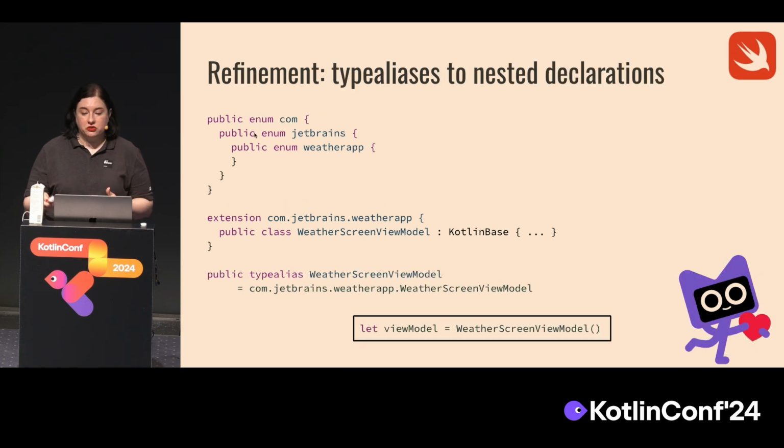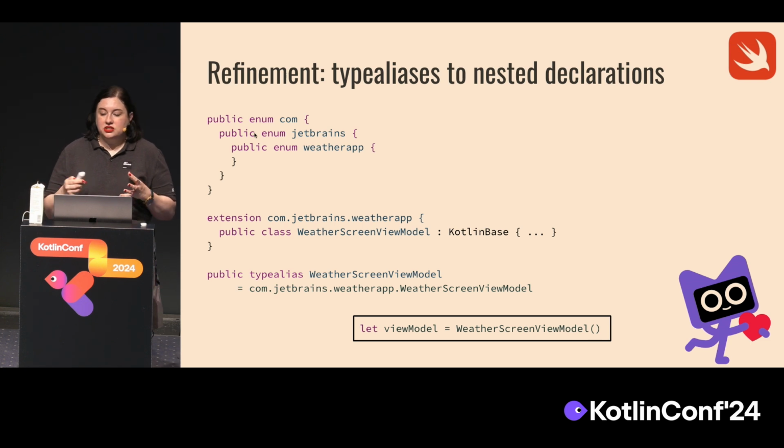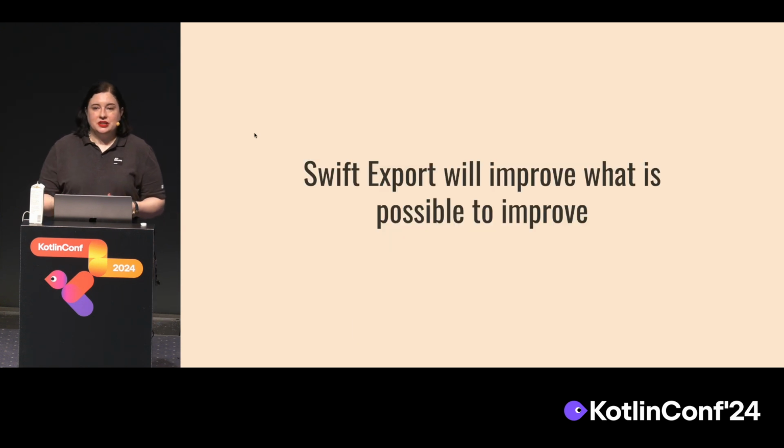We've also made a further refinement to use type aliases to nested declarations, so that the declarations look so much nicer. We also know that we could have namespace clashes. In that case, we could decide to either not produce the type alias or use underscores to differentiate between them. So not everything is going to be sunshine and daisies with Swift export.